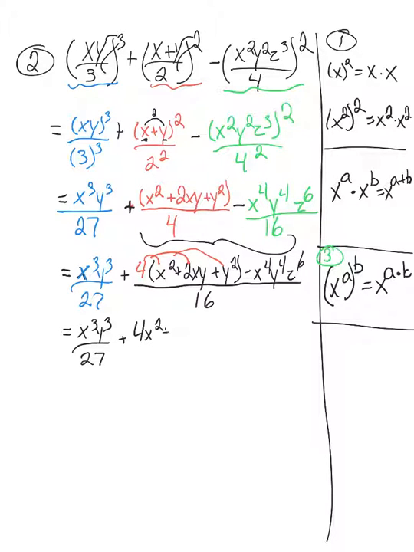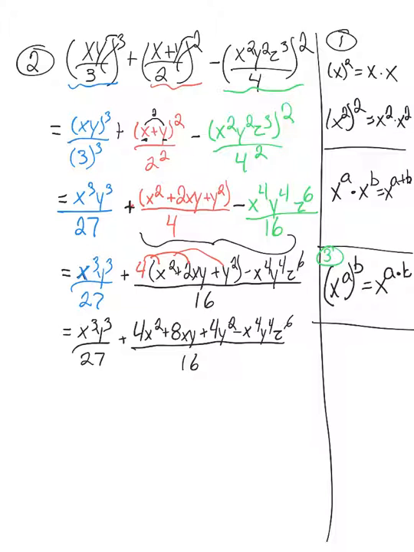4x squared plus 8xy plus 4y squared, minus x to the 4, y to the 4, z to the 6, all over 16. And now we need to combine 16 and 27.